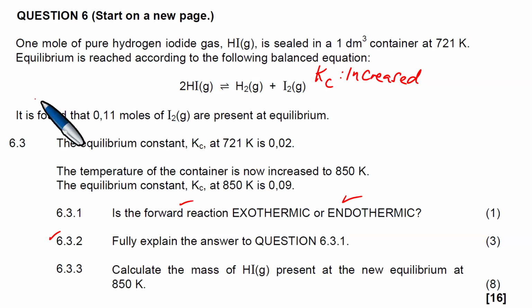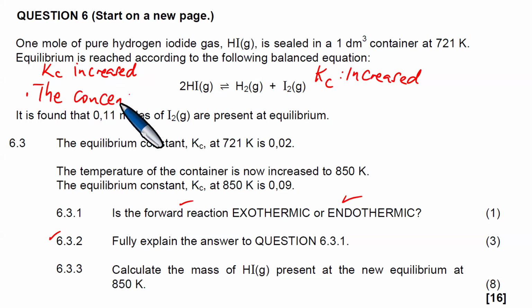Because the Kc increased, you can write here and say Kc increased. Because Kc increased, what does it mean?